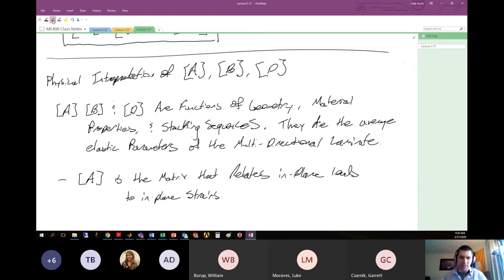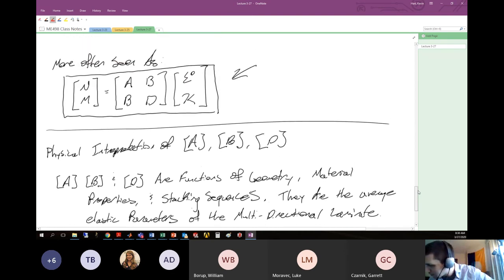It's the matrix that relates in-plane loads to in-plane strains. So this is the stiffness that you're probably most familiar with, like the elastic modulus in one particular direction. If I pull a laminate in this particular direction, it's going to strain in that particular direction. So the A matrix is the relationship between the actual loads that we apply and the longitudinal strains that are developed because of those loads.